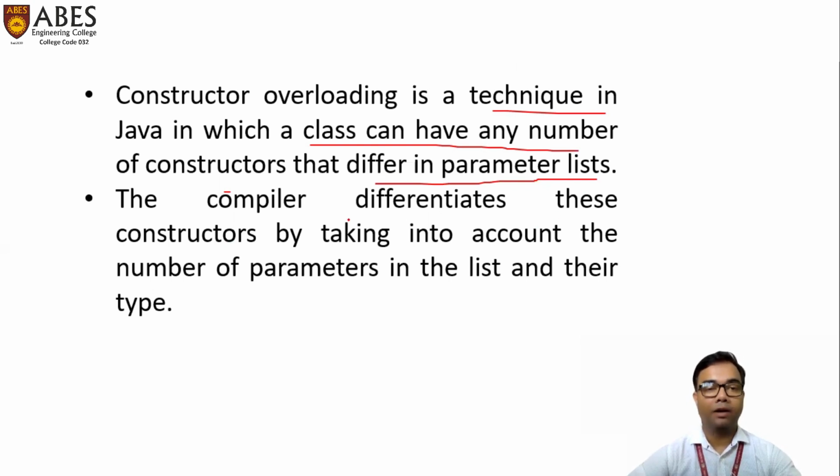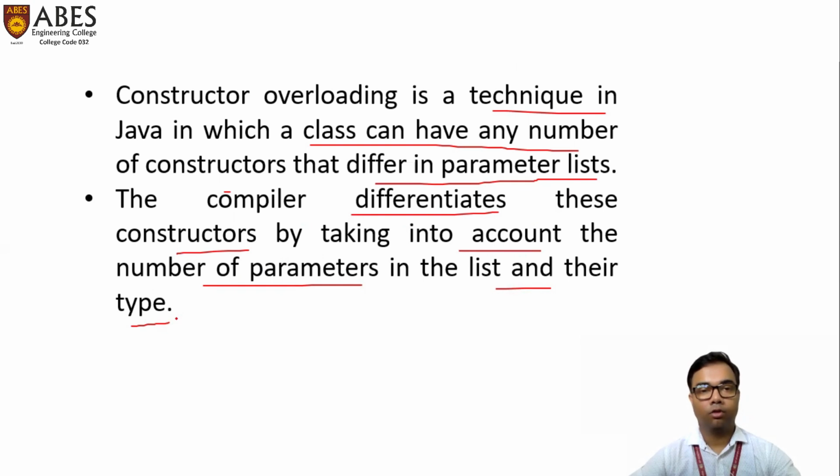And how does the compiler differentiate? The compiler differentiates these constructors by taking into account the number of parameters in the list and their types. So when you create an object, on the basis of the parameters you have passed, the compiler decides which constructor to call. So this is constructor overloading.